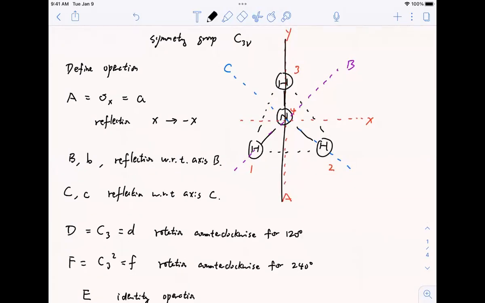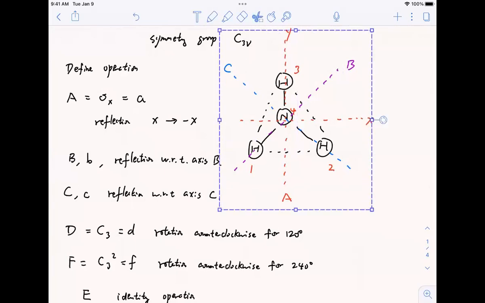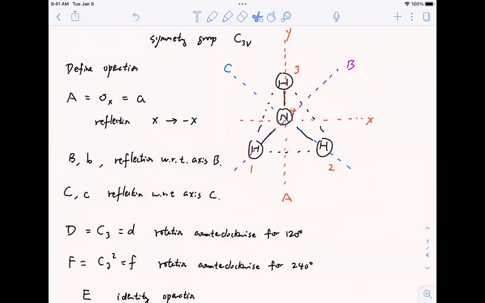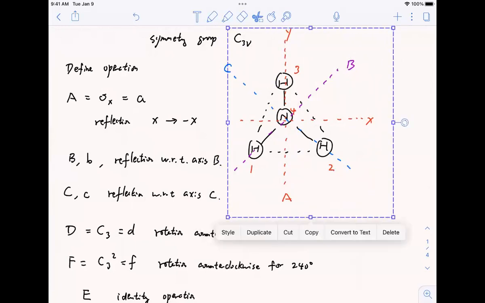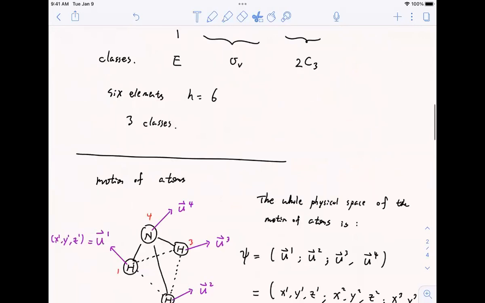So A, basically you just change x into negative x. Let me copy this thing.